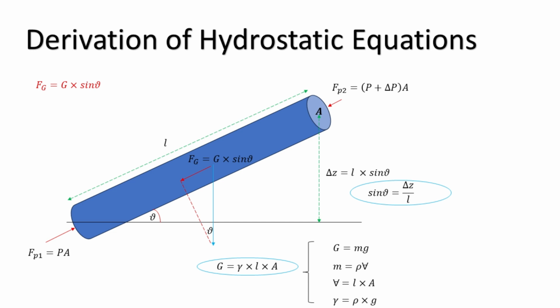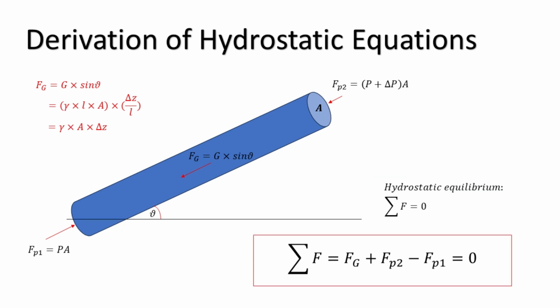Along the central line coordinate direction, the force related to gravity Fg can be calculated using G multiplied by sine theta. If we substitute the expressions of G and sine theta into the equation of Fg, we will find that Fg is directly linked to the specific weight gamma, area A, and elevation change delta Z. So far, we have found the simplified expressions of Fp1, Fp2, and Fg.